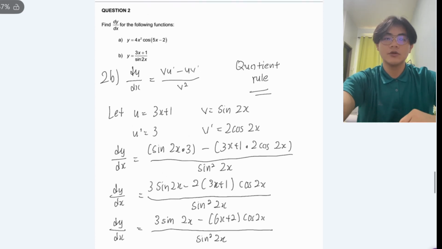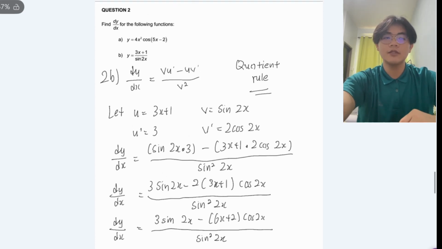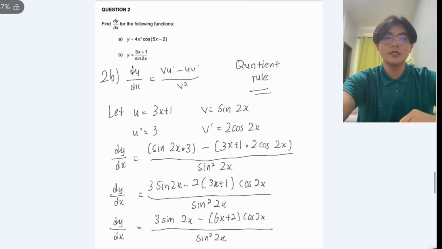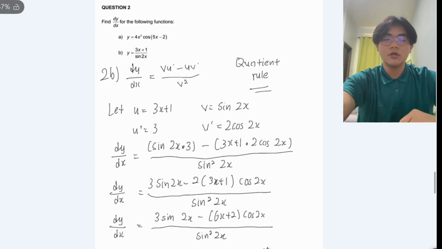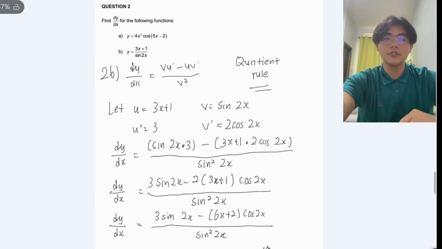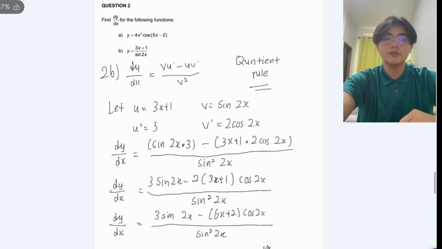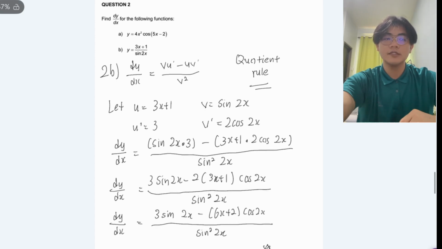So since we have found the values of u prime and v prime, we can just substitute in the formula given. So dy over dx equals sin 2x times 3 minus (3x plus 1) times 2 cos 2x over sin 2x squared.